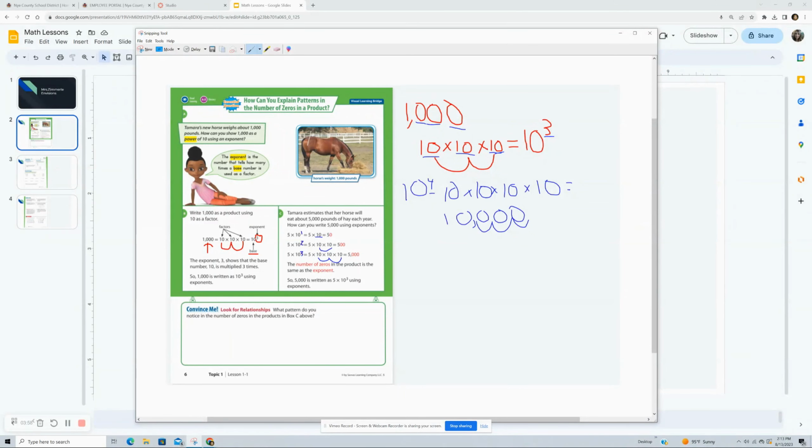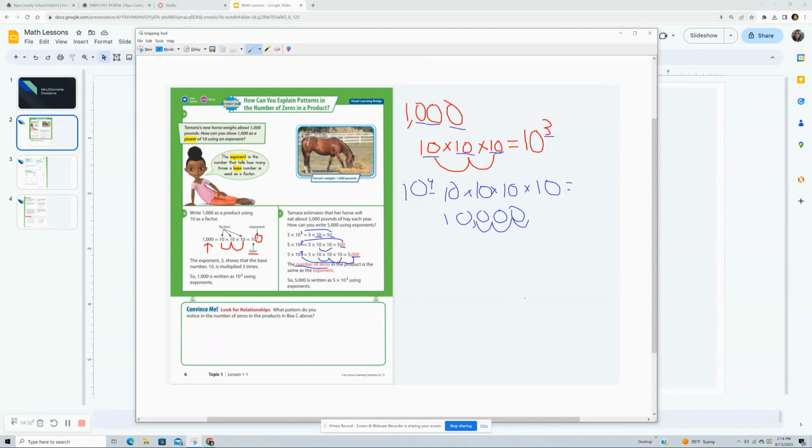In our patterns here, we can notice that the number of zeros in our product is also being represented by our exponent. So in here we have 2 zeros, and our factor is being multiplied twice. In our product, we have 3 zeros, and that is also the same as our exponent.